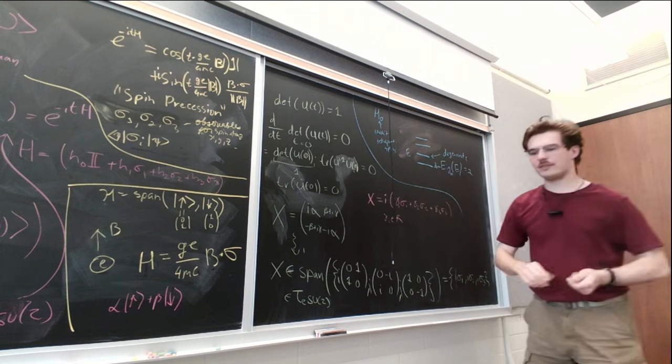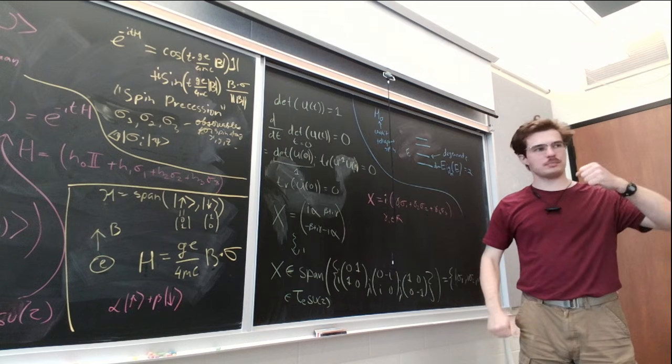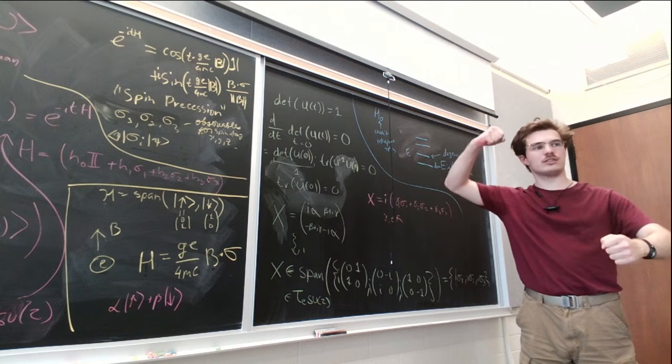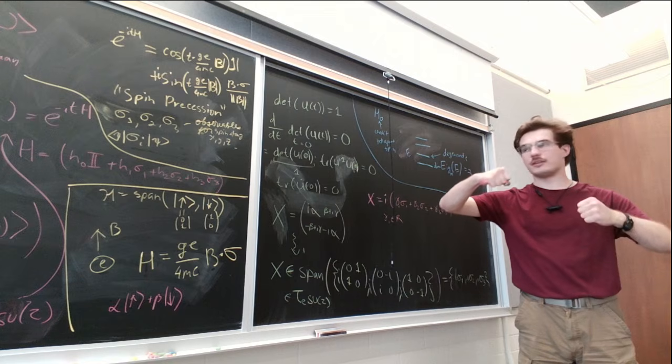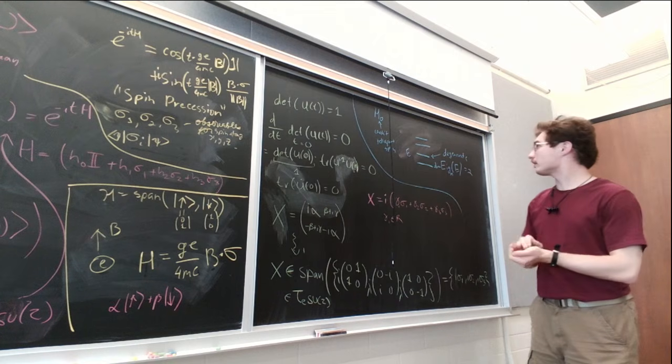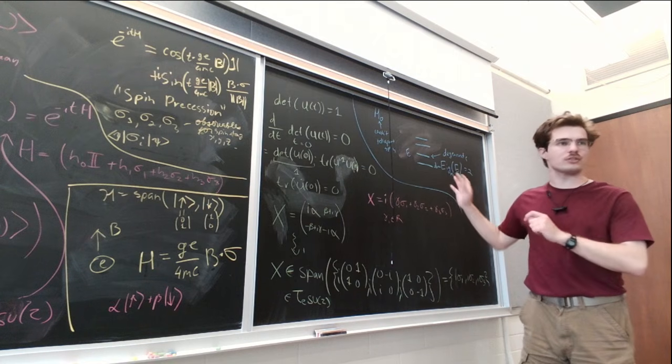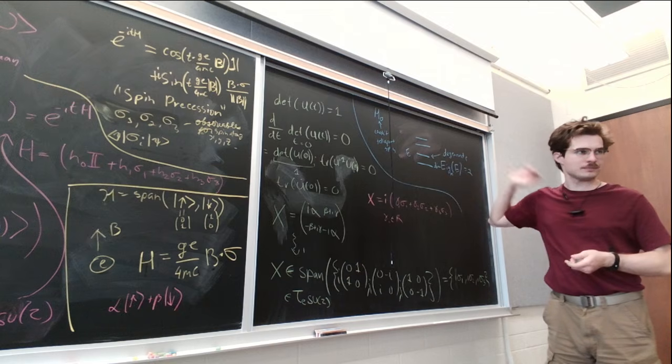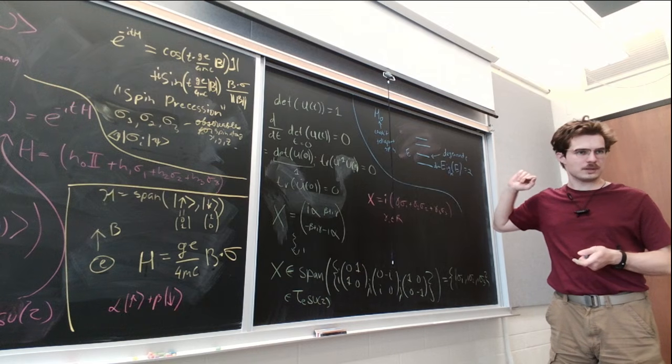So you would have some eigenstate of spin up electrons and some eigenstate of spin down electrons, and both of those would be eigenstates with the same eigenvalue. So suppose this is the initial setup.